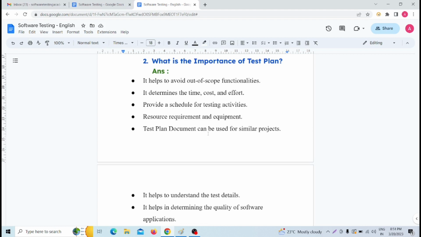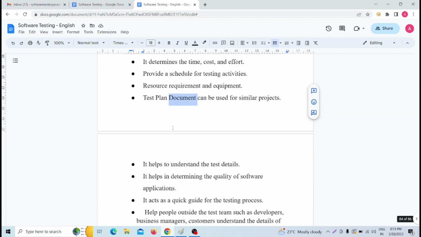Then obviously he can follow my test plan. Or if in my future I want to write a test plan for another project, then also I can follow this test plan. So the test plan document can be used for a similar project.